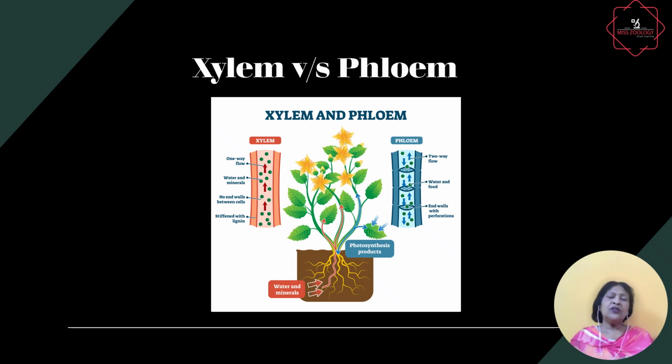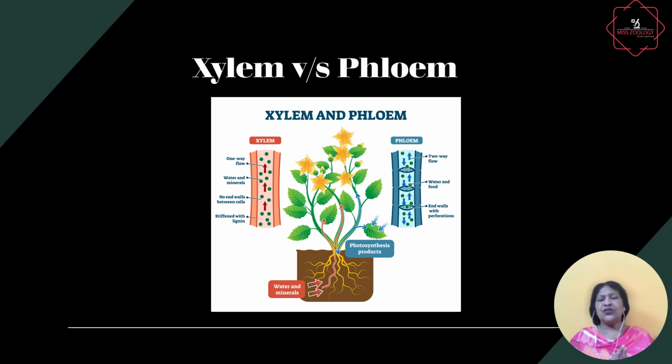Here if you do not use the word generally or mostly, then this would make an incorrect point. Why? Because we have xylem parenchyma which is living. Either when you write xylem is dead, you have to give that exception that xylem parenchyma is living. But if on the other hand you write mostly xylem cells are dead, then it makes an absolutely correct point.